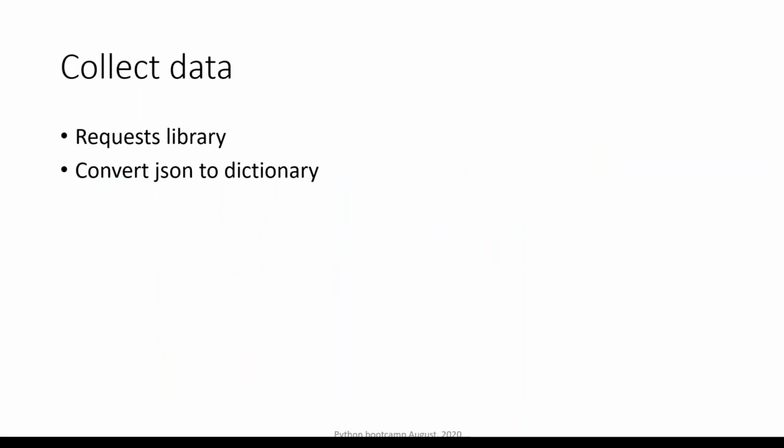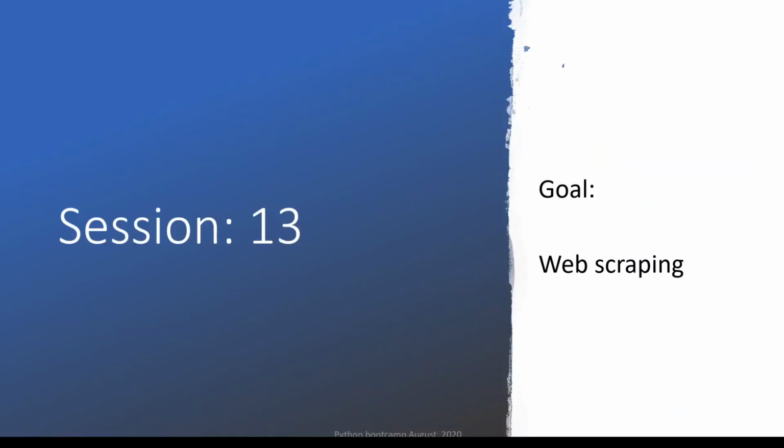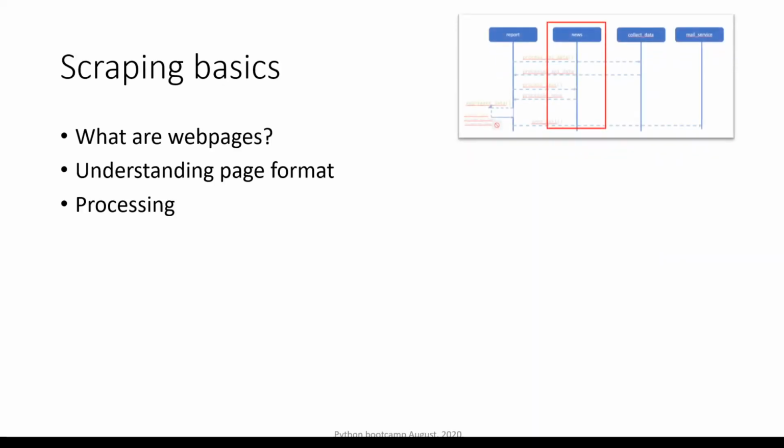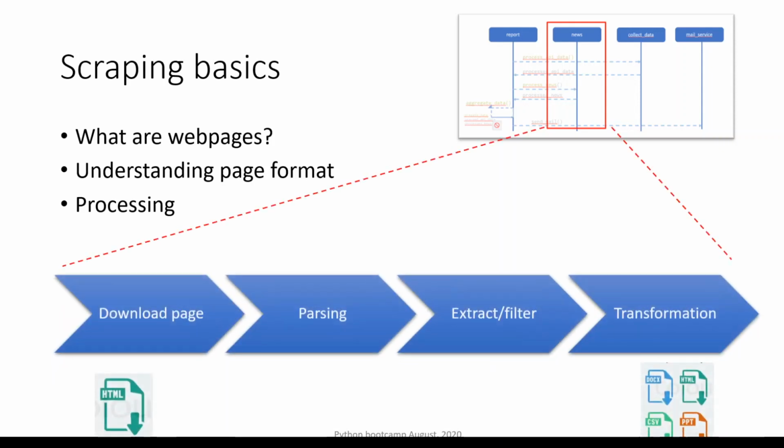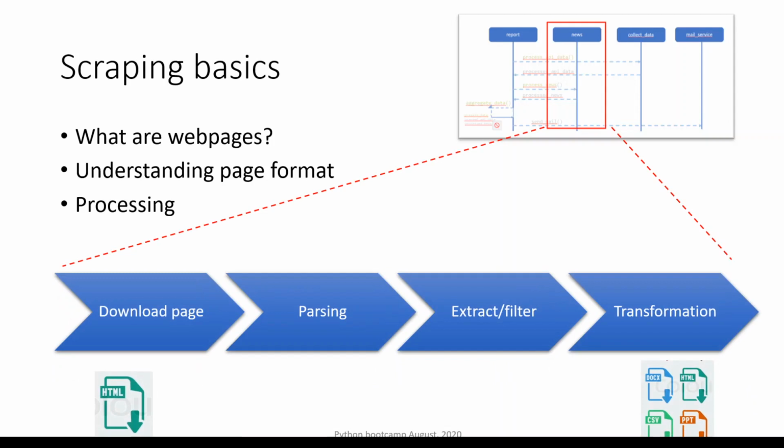And then what we did was we tried to attack each one of the modules. So we took news, and we did it through something called web scraping. The key parts to remember in web scraping: first thing, you need to download the page. Second thing, you need to parse it. Why is parsing needed? That is because web pages are typically in HTML format.